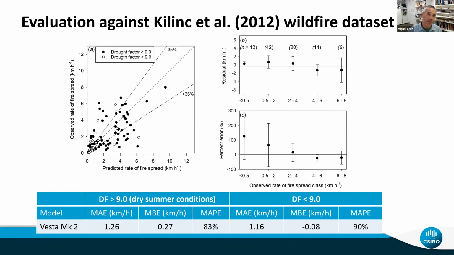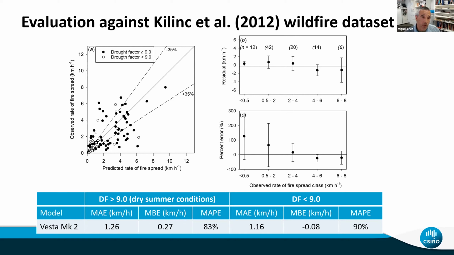Now, when you try to evaluate the model against wildfires, you are likely to have much more uncertainty in the input conditions, and you can expect to have more uncertainty in the outputs of the model. So this slide shows the evaluation against the Sarah and Musa wildfire data sets.